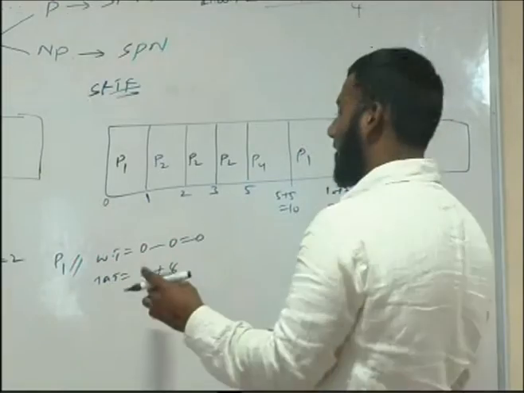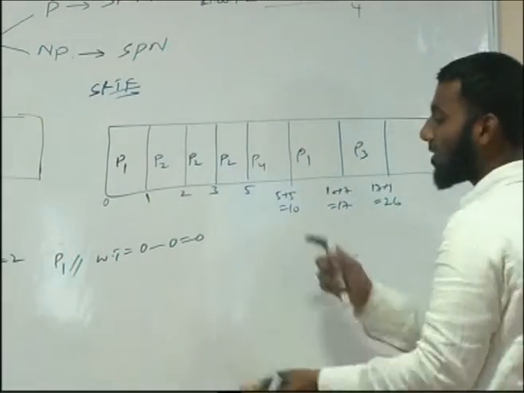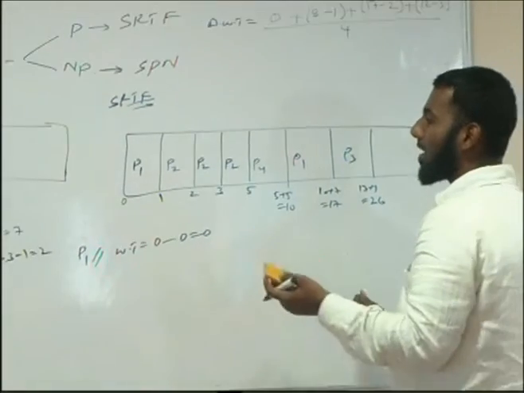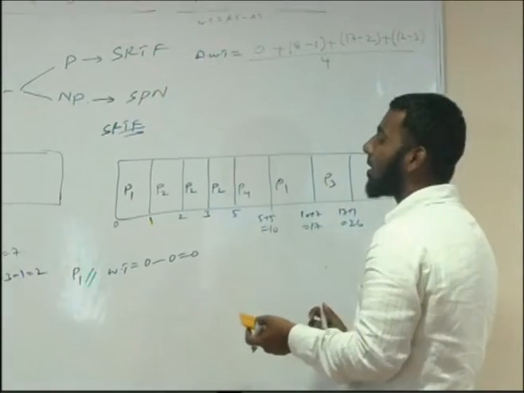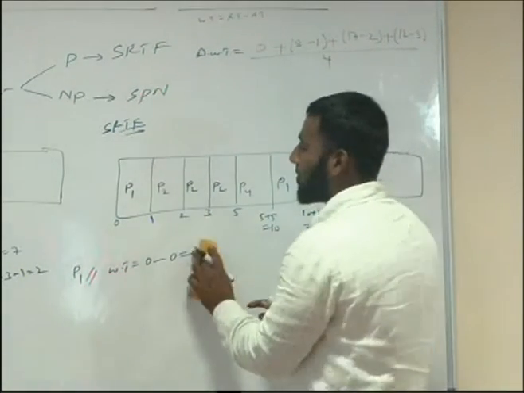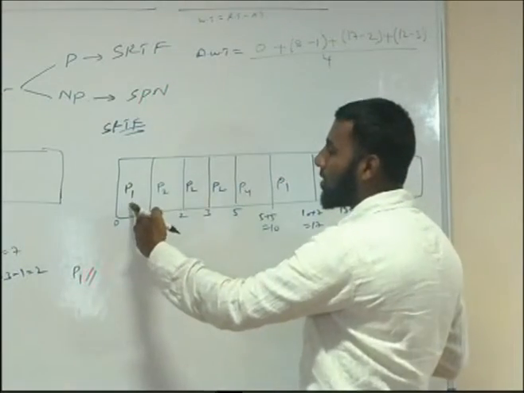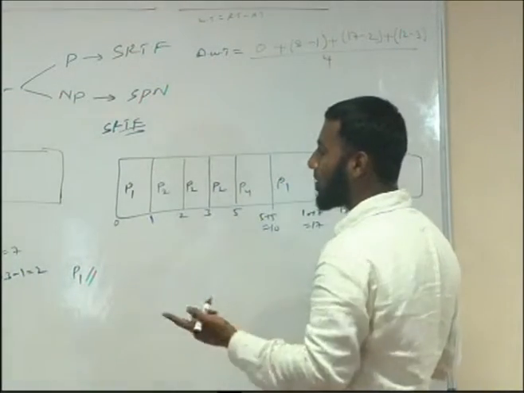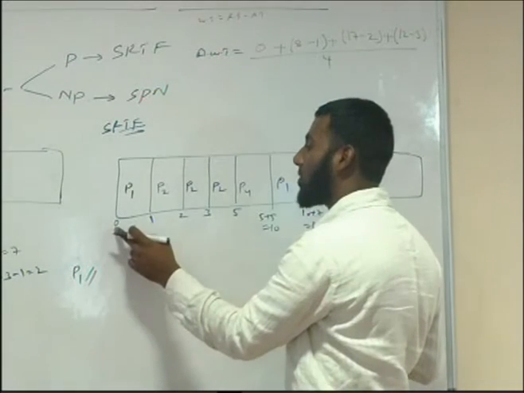Now here it changes, because we have the concept of response time and also turnaround time. In non-preemption we were doing this, but in preemption the waiting time is not 0 for process P1.